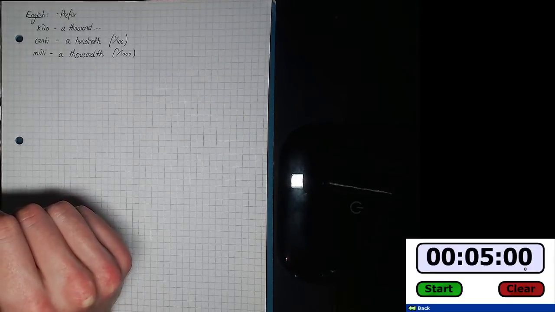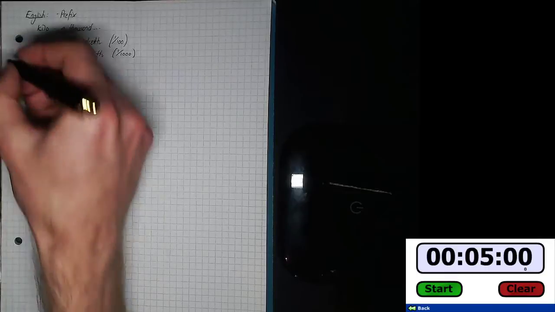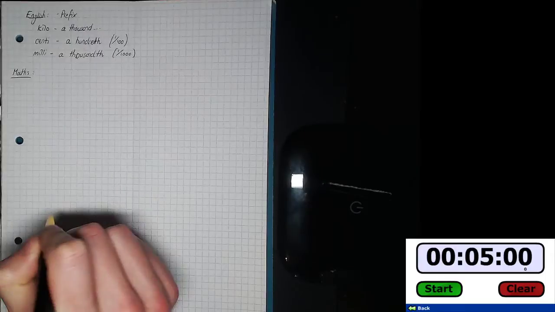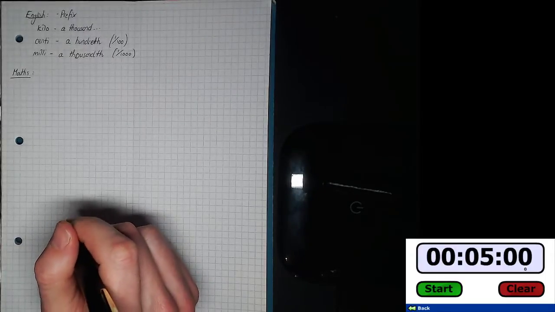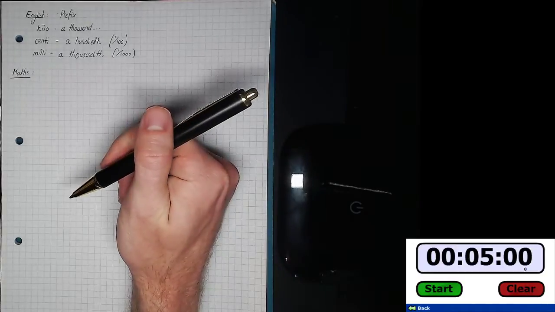But we want to talk a little bit more about the mathsy side of things. So let's think about this in terms of the maths now. We obviously have a chain of scale.